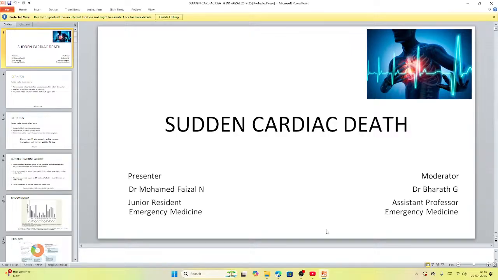So whatever non-STEMI where the patient is very high risk, for example, a patient in cardiogenic shock, a patient who is electrically unstable, a patient in heart failure, or a patient with refractory pain, severe chest pain which is refractory to your treatment, you apply the GRACE score, HEART score, and again these patients will be occlusive and these patients should get early intervention. So this is the take-home message.